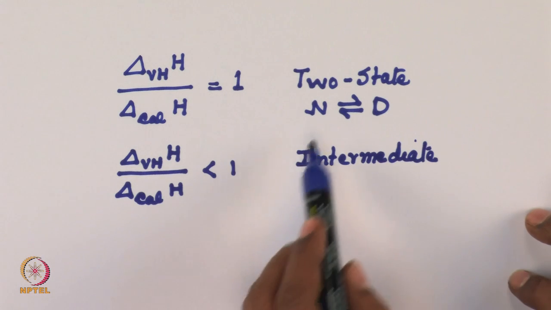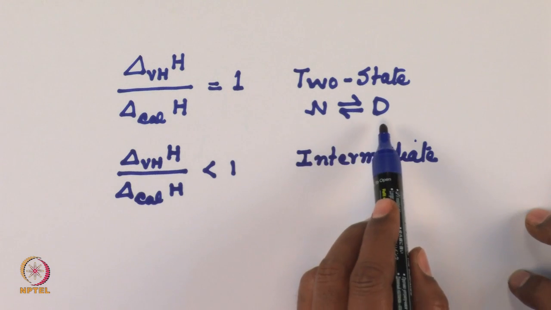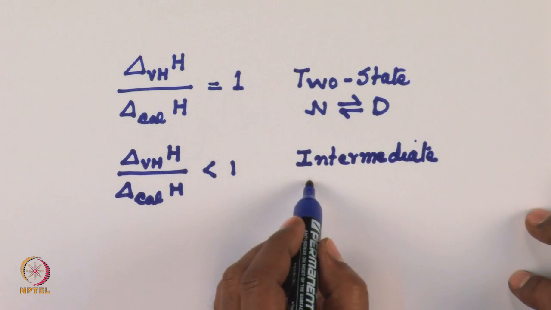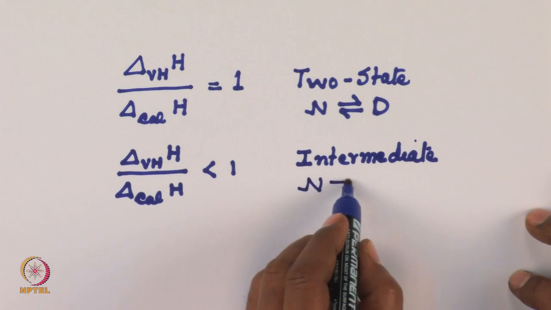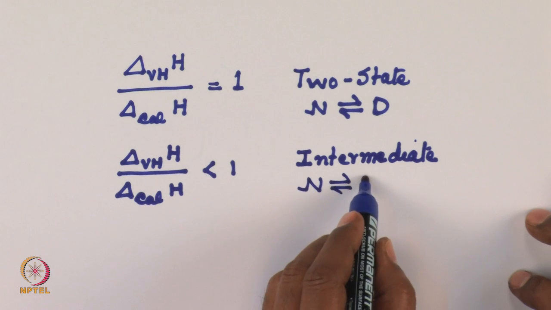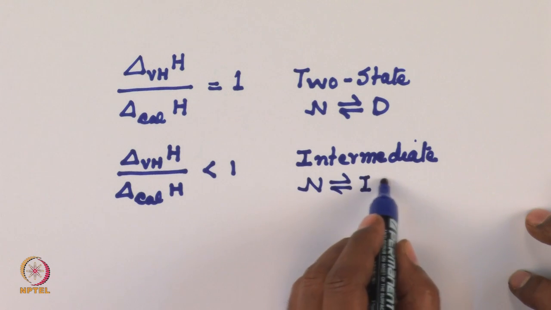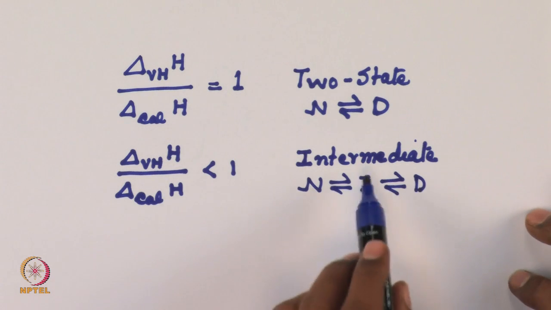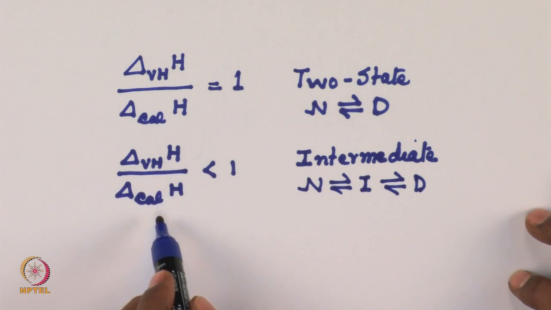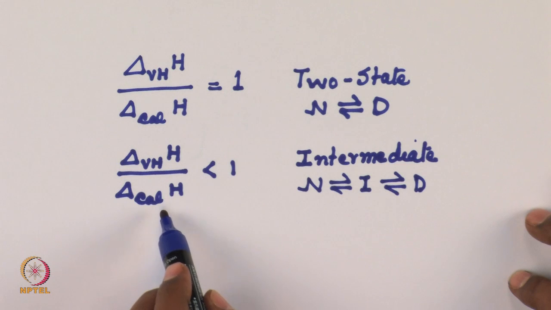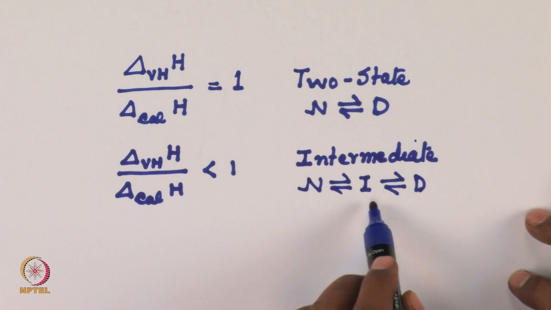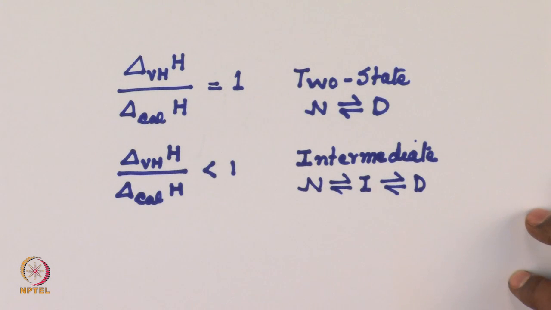Then the mechanism is no more N going to D. Then there could be, for example, N in equilibrium with I, intermediate in equilibrium with D. It suggests if the Van Hoff enthalpy is less than the calorimetric enthalpy, the conclusion to be drawn is that there are one or more intermediates appearing in the overall unfolding process.